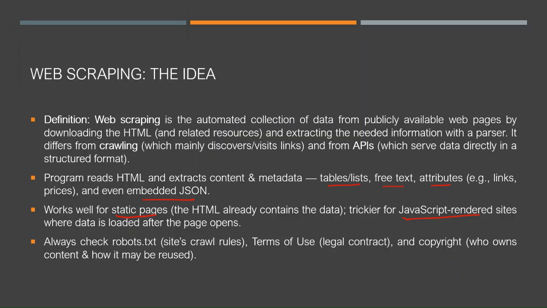Now, the other thing that I just want to mention is that I've also said that web scraping is about collecting the data from web pages and extracting the needed information with a parser. When we refer to a parser, basically, it is a software.